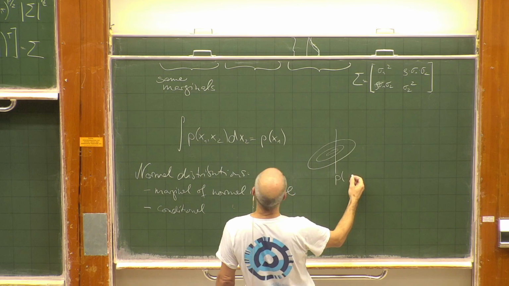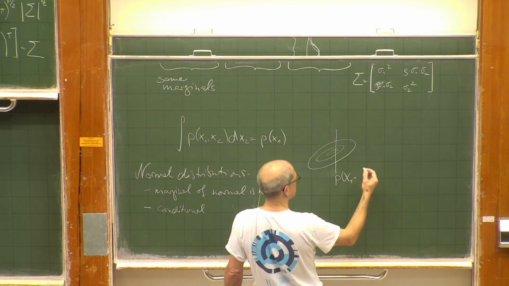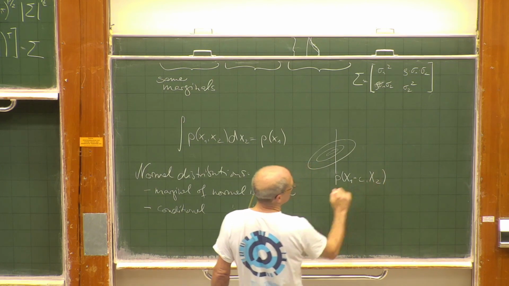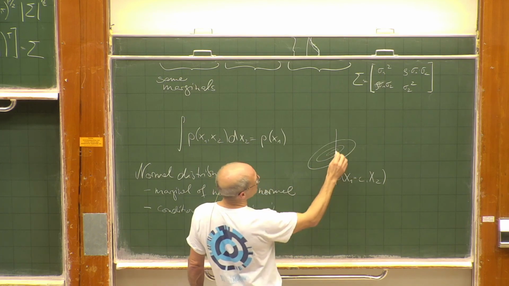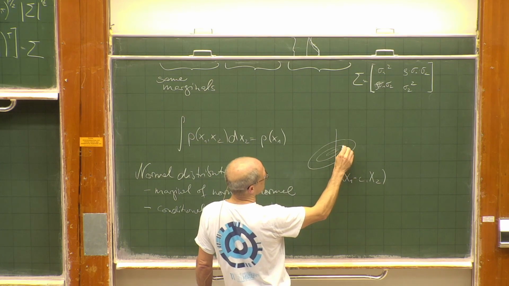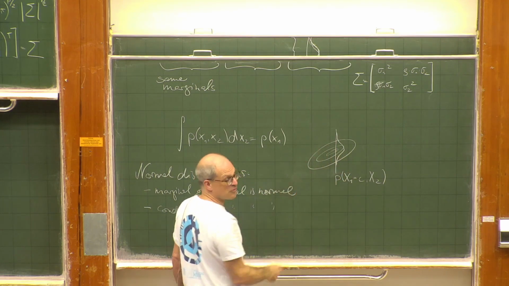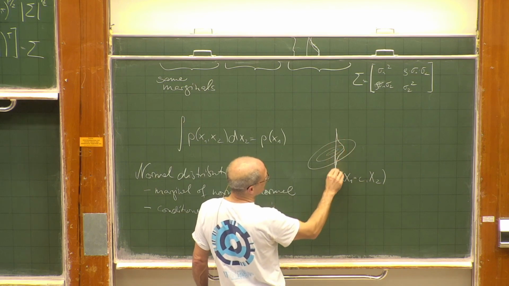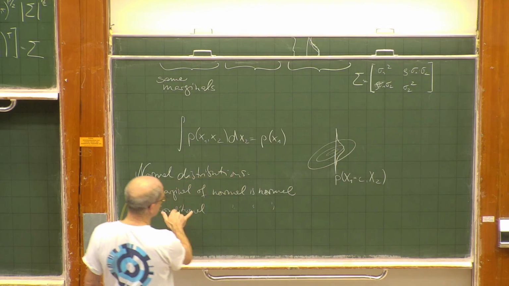So let's say x1 is clamped to some specific value c, and this is now still a random variable over x2, and you can see that this random variable will have its mean around here, and it will have a standard deviation of its own, which is not the same as the variance of the original distribution. So here now we condition on this line. We only look at what our distribution is doing on this line, and we forget everything that's on the right or the left-hand side. So this is what's meant by the conditional distribution.